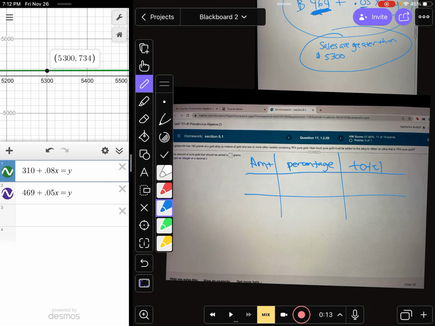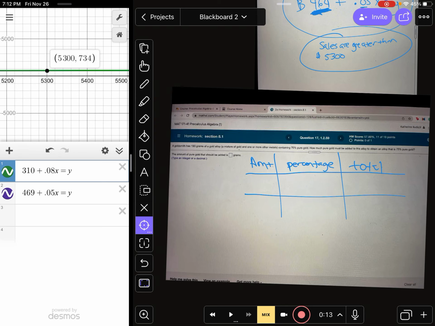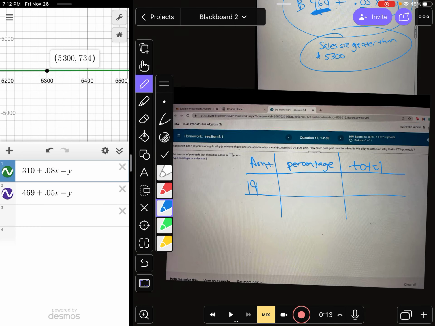Okay, so we have a goldsmith has 190 grams of gold containing 70% pure gold. So I'm going to put that in there. He has 190. The percent of gold is 70%, which is 0.70.